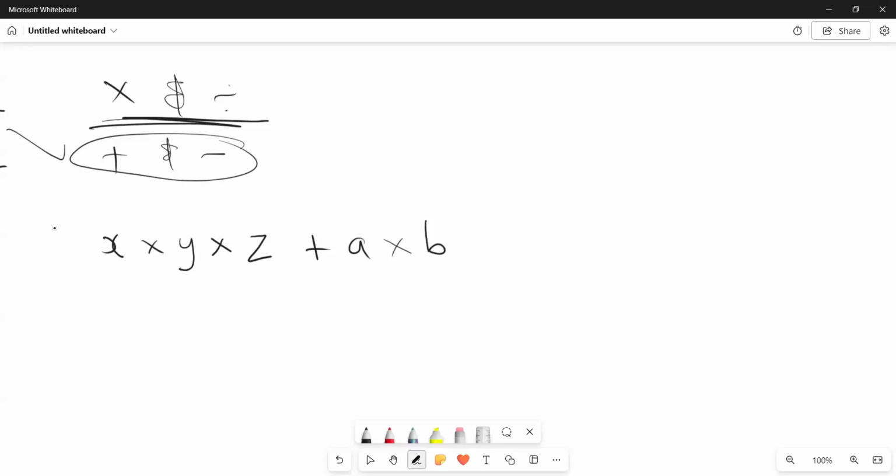Now, while we couldn't add a and x and y, or y and z, nor could we add a and b, we can multiply them, right? So these three you can write as xyz. Drop out all the multiplications and write it like that, plus ab.